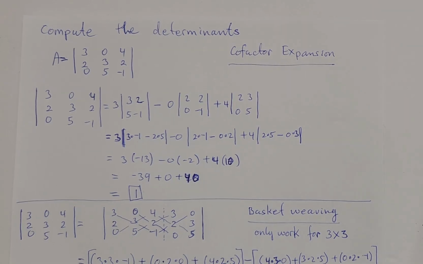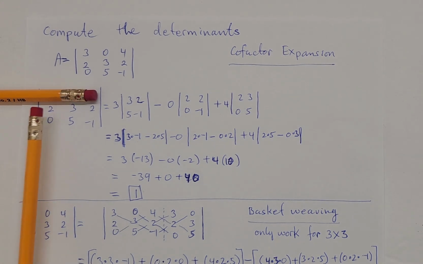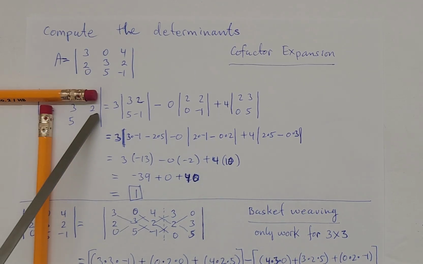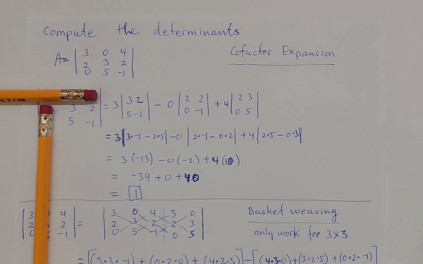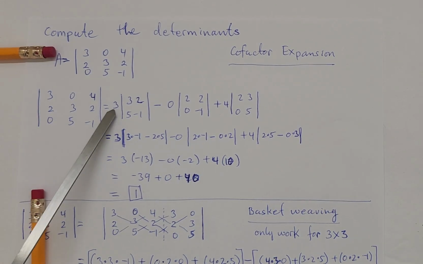After that, you will block out the first row, and then block out the first column, and then what you have left is 3, 2, 5, negative 1, and you will put it here.